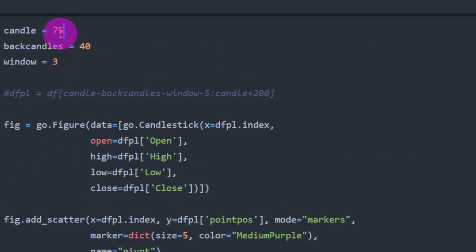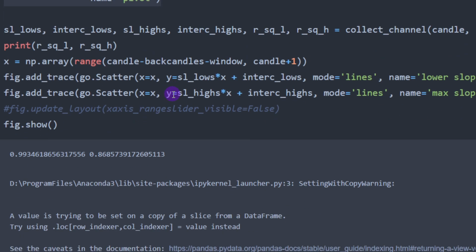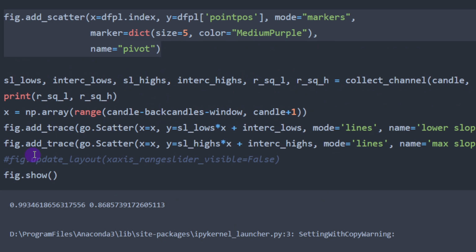I took randomly the candle index 75. I took back candles 40 and the window 3. I'm plotting the candles just as we did before. We're using the add scatter function to add the pivot points, the purple points. And now we're adding on top of it the results of collect channel.